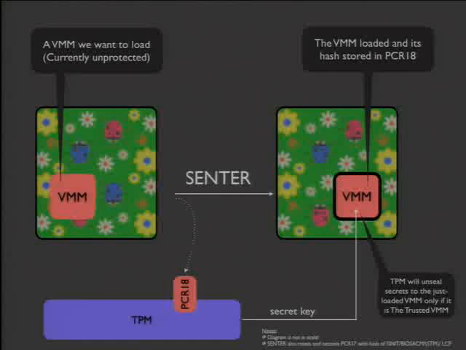However, now, if we sealed some important secret, let's say a disk encryption key, into the TPM, to the specific value of PCR18, the value that should be the result of measurement of a correct VMM, only then will the VMM be able to retrieve this secret, if it hasn't been compromised.